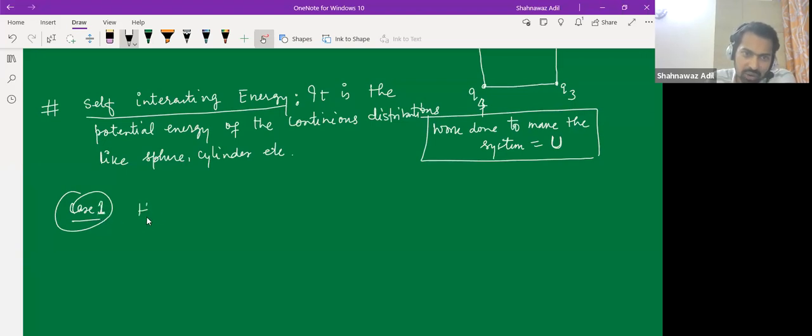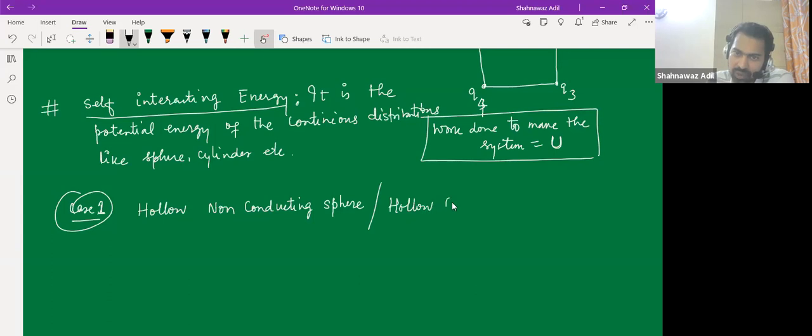Case one is a hollow non-conducting sphere, or we have a hollow conducting sphere, or we have a solid conducting sphere.